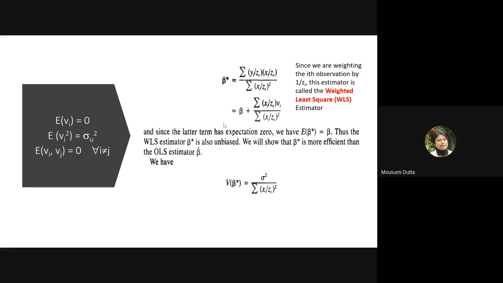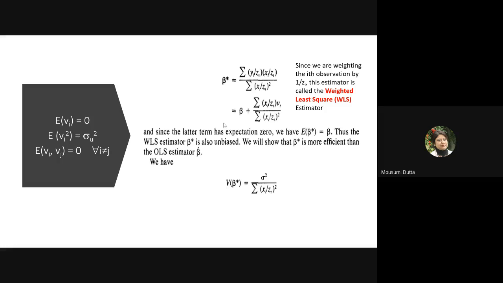Since the latter term has expectation 0, expectation of vi is equal to 0. If you take expectation of this entire thing, expectation of beta star, the first term is expectation of beta. Beta is a constant, so you will get beta plus summation xi by zi expectation of vi.